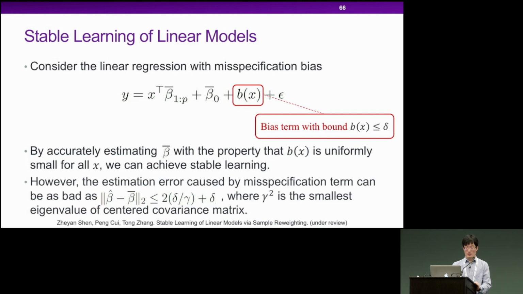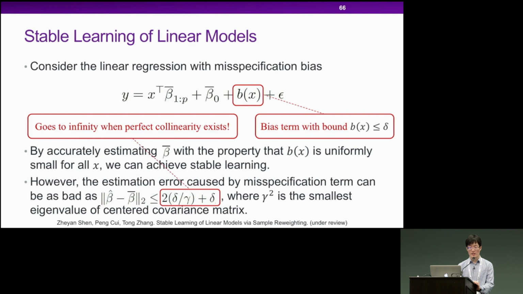Here gamma square is the smallest eigenvalue of the centered covariance matrix of X. When gamma square is very small, the bound goes to infinity when perfect collinearity exists.